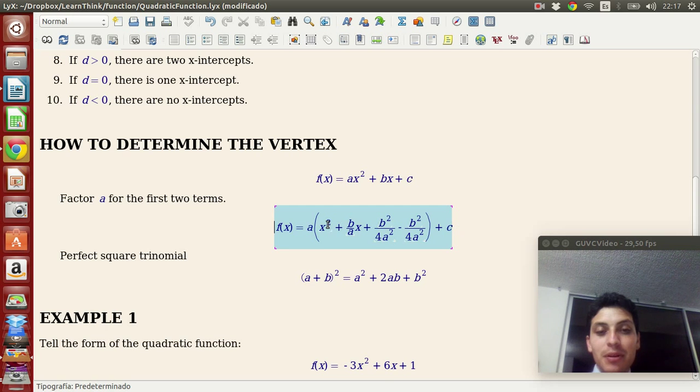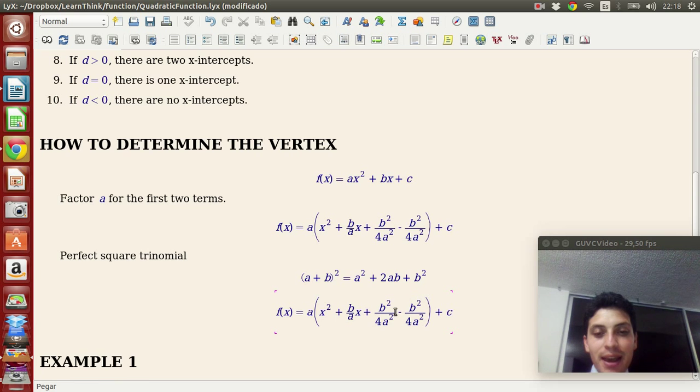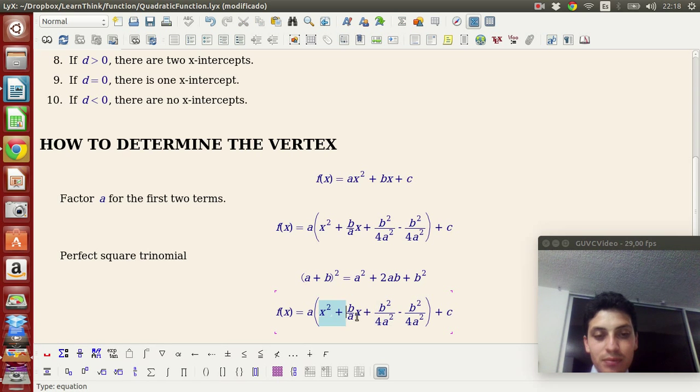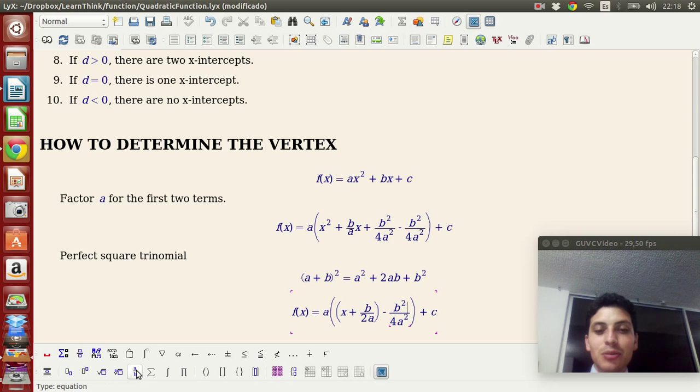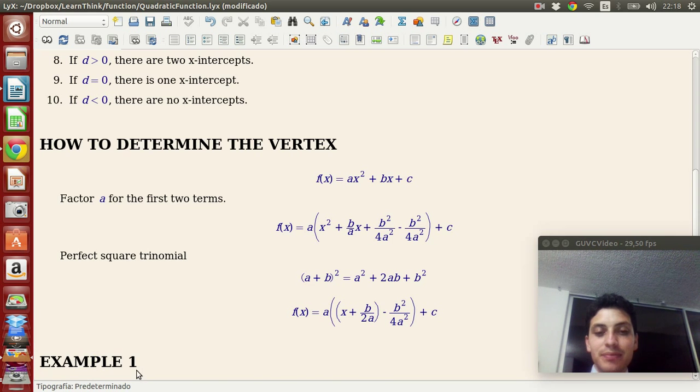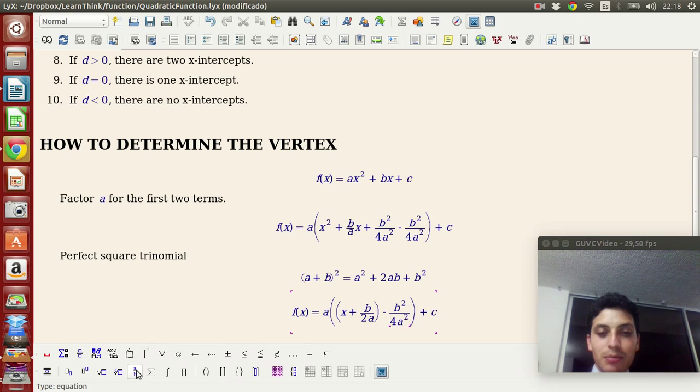Now, applying the perfect square trinomial, we have that this term is x plus the root of this part, b divided by 2a, minus b squared divided by 4a squared, and to the second power, of course.